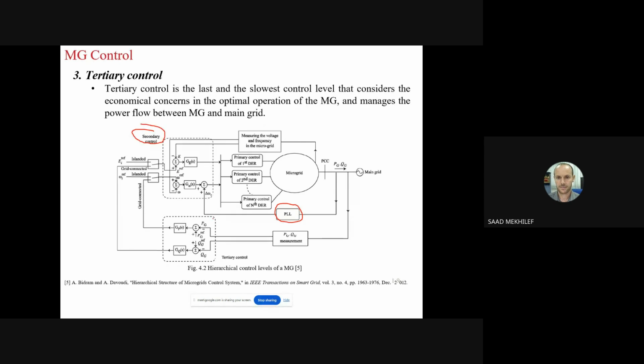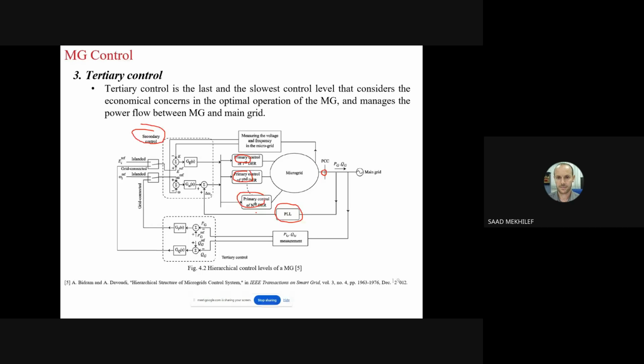Then you have the primary control of each DER. So each DER will have its own control. You can see the concept, and then we have the point of coupling here. If we look from the primary level, for example, we have DERs here, 1, 2, 3, 4, 5, 6, 7, 8, depending.